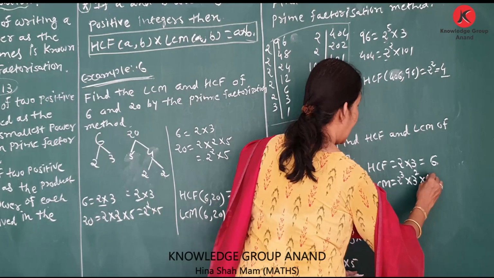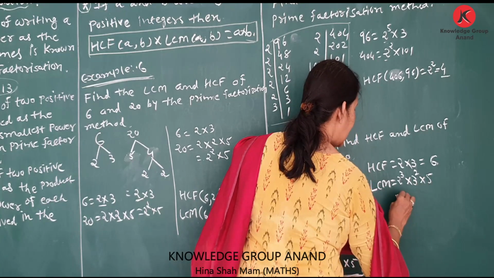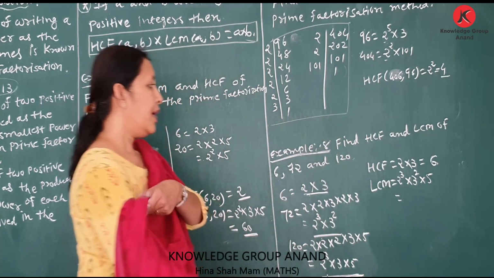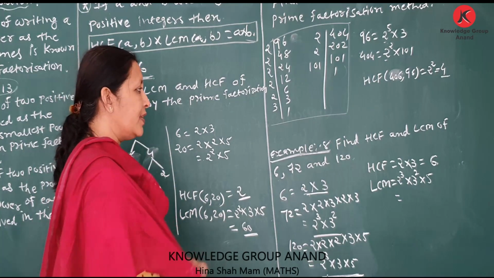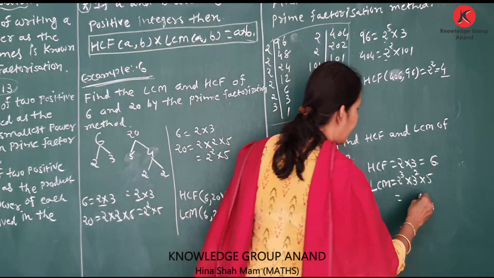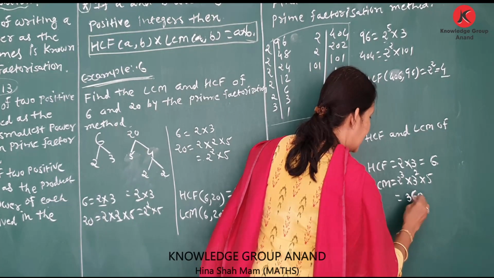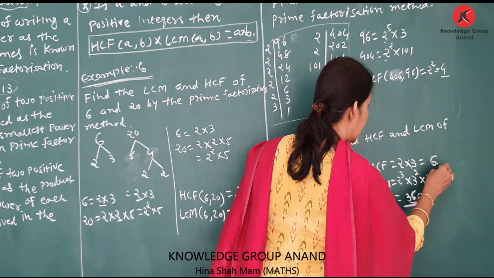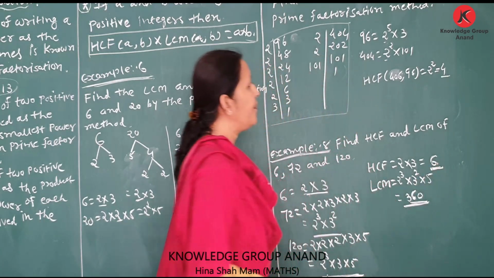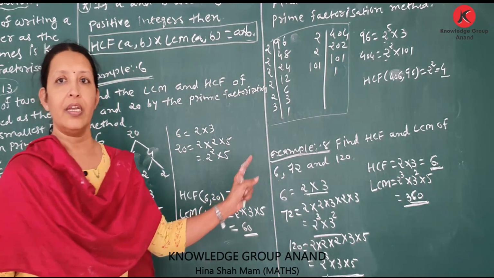Which number is remaining? 5. It is equal to 8 9s are 72, 72 5s are 360. Here LCM is equal to 360 and HCF is equal to 6.